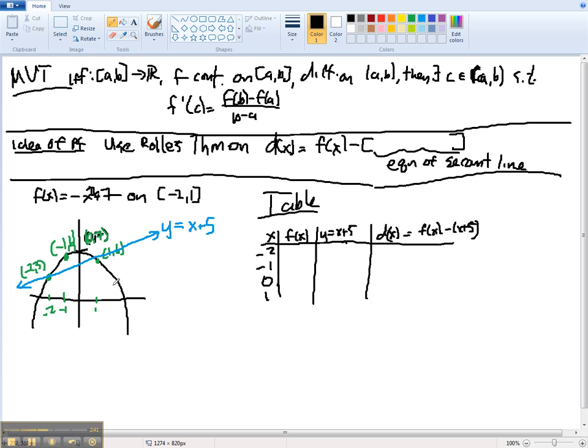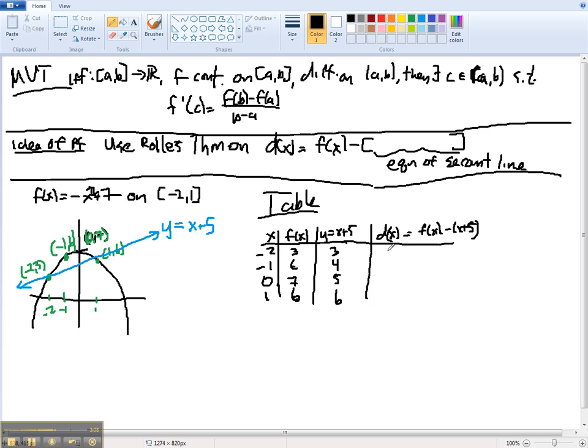If you just plug in these values, I already figured these out. For f of x, the values are 3, 6, 7, 6. Now for x plus 5, I just add 5 to these: negative 2 plus 5 gives me 3, then 4, 5, 6. Now the key thing is, d of x means just subtract these y values.